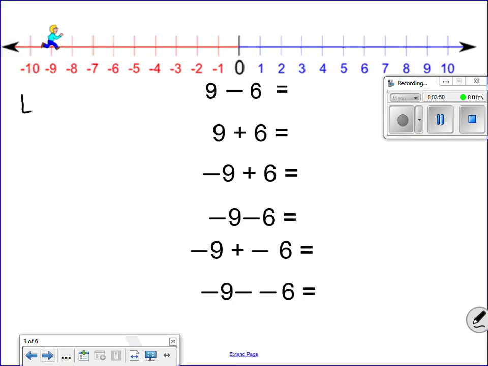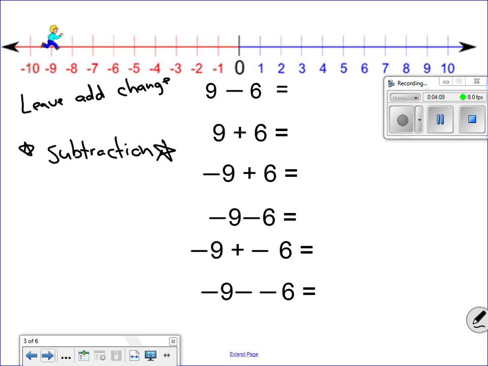We're going to be doing some leave, some add, and some changing. This only works in subtraction. Keep that in mind. So this very first problem, we always know that 9 minus 6 equals 3. Let's look at the leave, add, change concept.